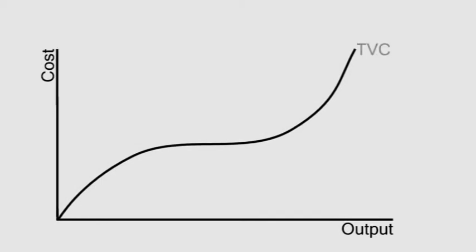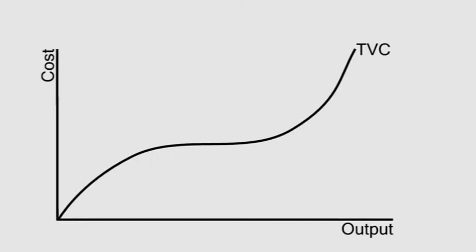But beyond some point, the marginal product of labour is very low. It's harder and harder to increase output. You still have to pay the wages, and so you find that your costs start rising very rapidly. So the diminishing return sets in at some point, and total variable costs increase rapidly.